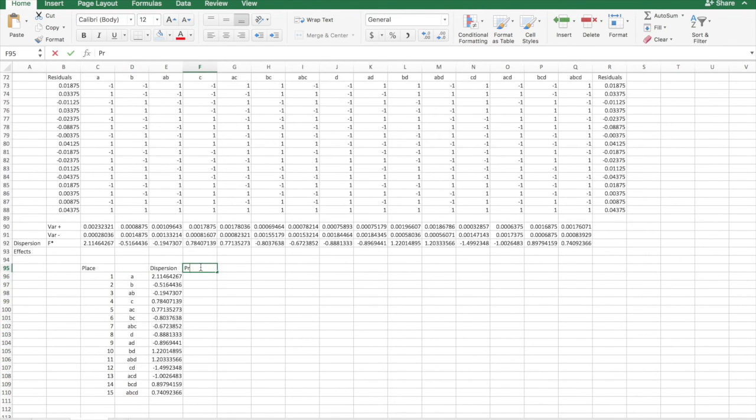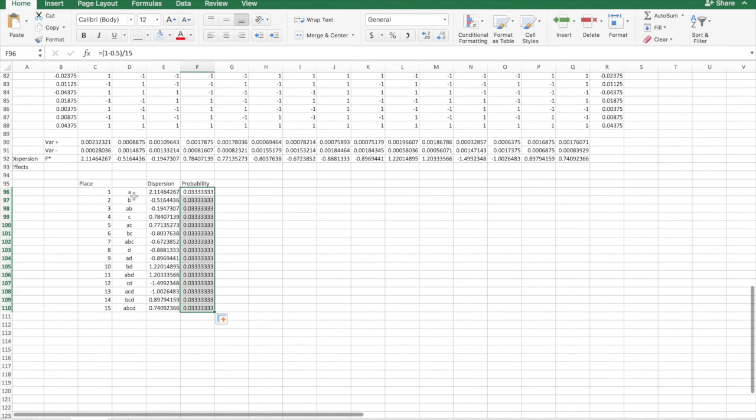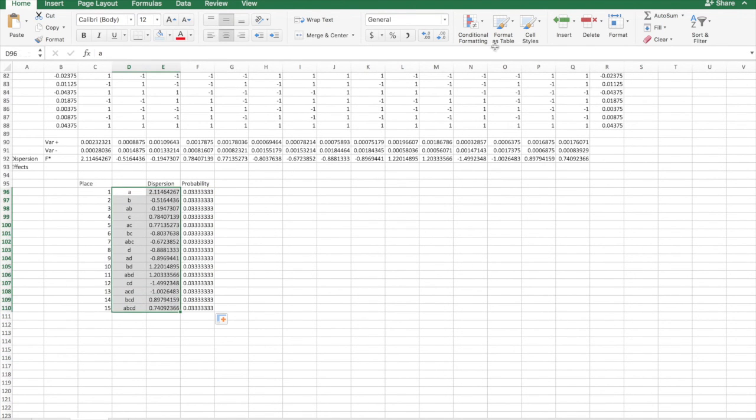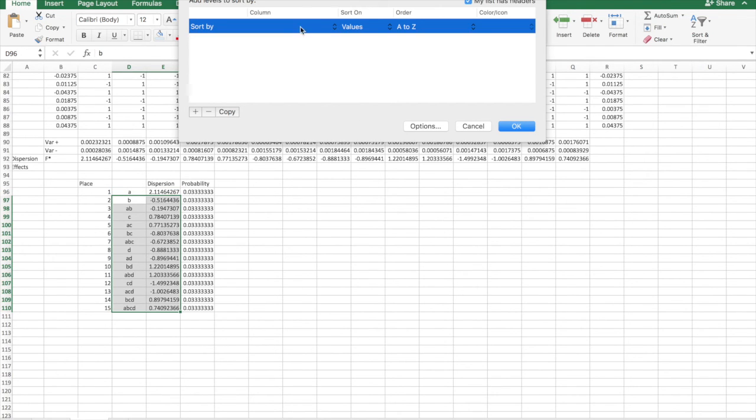And the probability, which is equal to 1 minus 0.5 over 15. And these ones we're going to sort from lowest to highest.